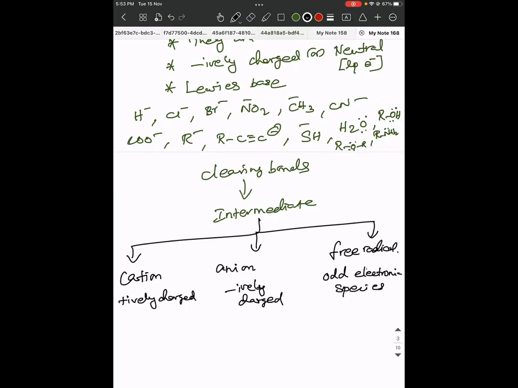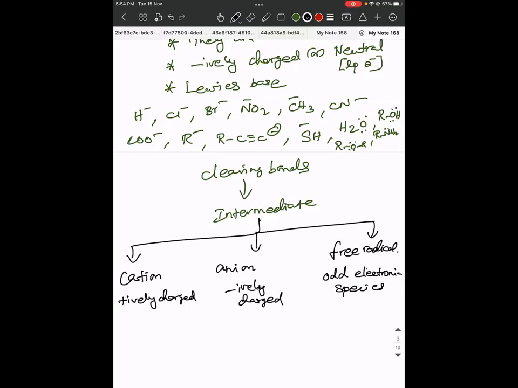You tell me which will be magnetic among the three. Carbocation varies with the attached group, so we do not know whether it contains an unpaired electron or not. Am I right? So we couldn't say it's diamagnetic or paramagnetic.